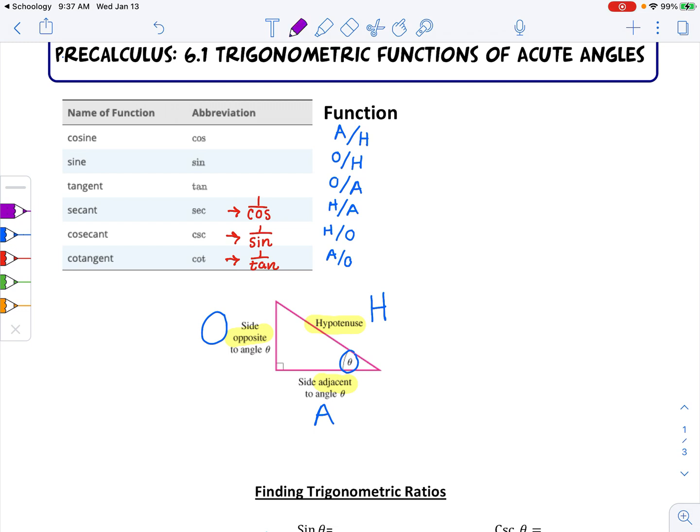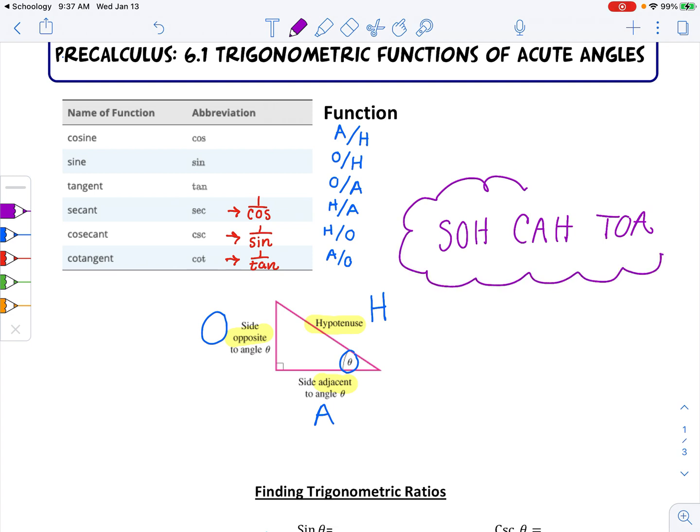But we all learned a fabulous way to remember this. Hopefully this sounds familiar: SOH CAH TOA. This will be our saving grace to help us remember all of these functions. The S in SOH reminds us of sine.